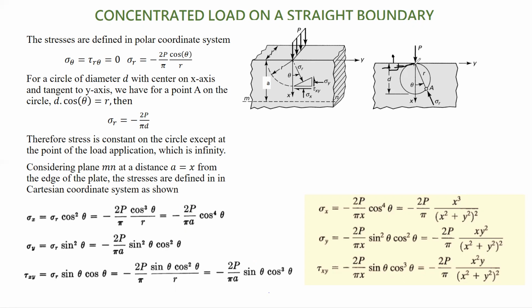So as I turn around here, this is the direction of sigma r, and sigma r is within the material. So all I need is to show sigma theta is 0. And it is actually 0 anyway, and that's it.